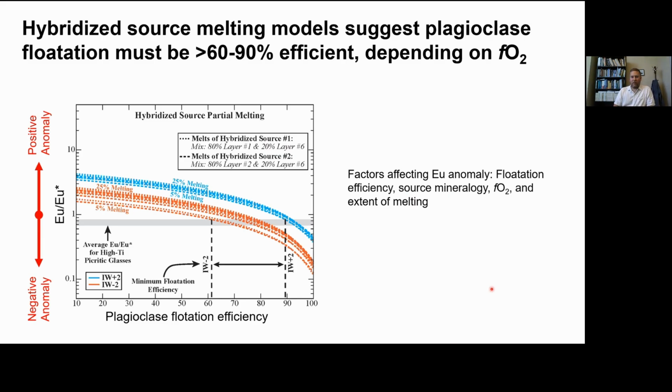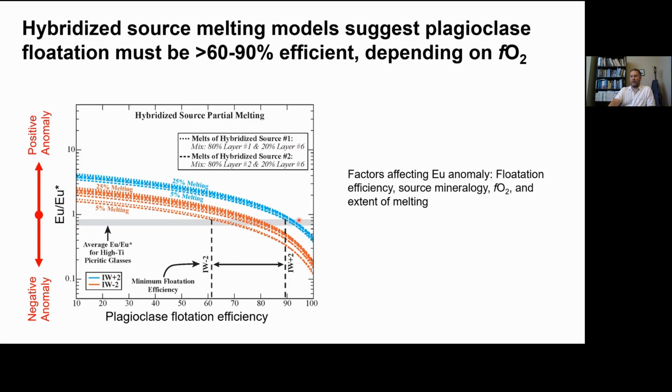The problem becomes more and more complex as you make an attempt to model feasible sources of lunar basalts, but what we've done here is make a reasonable assumption about sources of high titanium basalts. So again, the y-axis here is the europium anomaly that's produced.